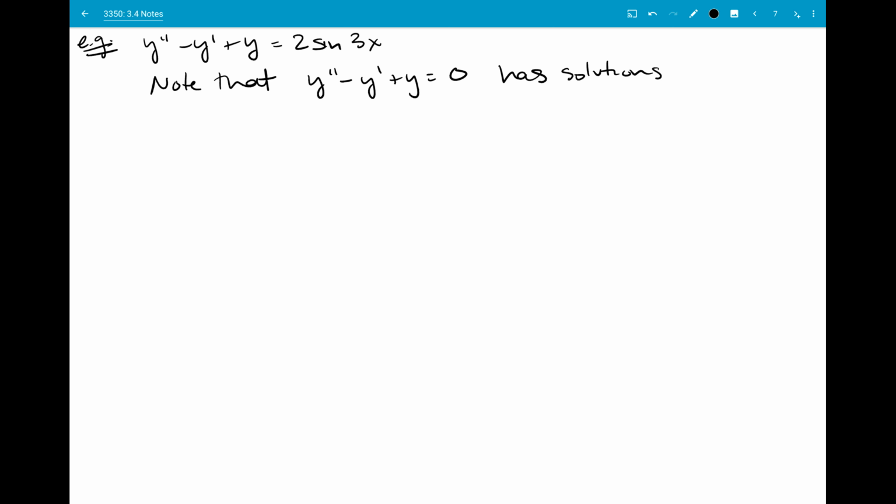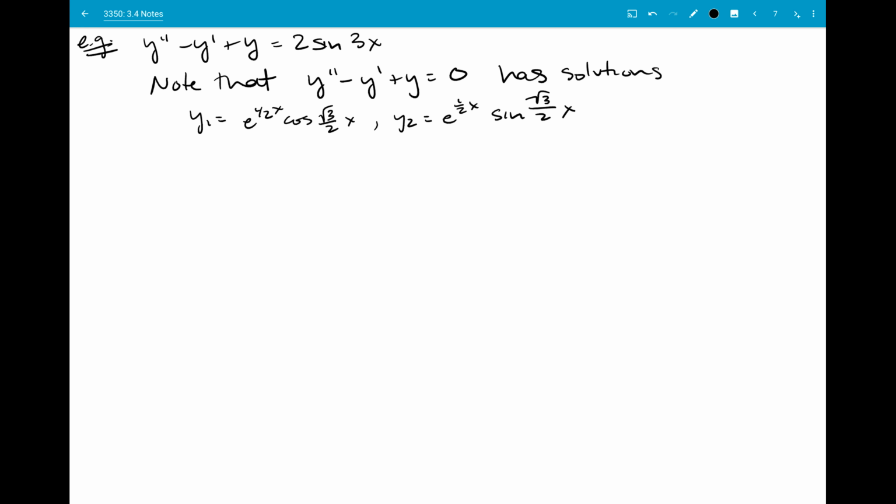I'm just going to tell you right now that if you went through that process, you would get y1 equal to e to the 1/2 x cosine of root 3 over 2 x, and y2 equal to e to the 1/2 x sine of root 3 over 2 x.